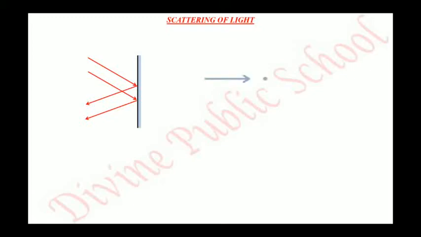Now, suppose I have taken a molecule, a very small particle, and a beam of light is striking that particle. Now what happens? All the rays of light which make up the beam will not strike the particle normally, or in a straight line.